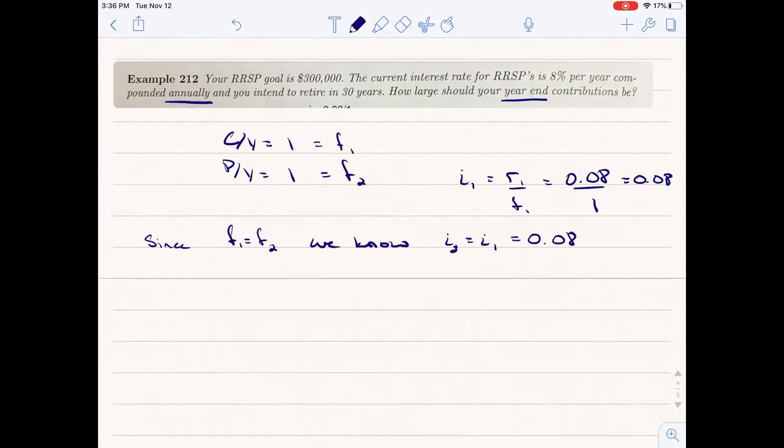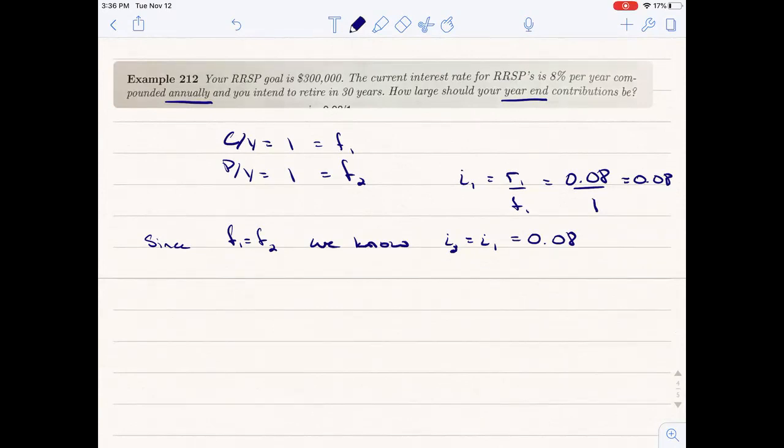So I'm not going to solve it again because it's going to end up being the same thing. So my I that I'm going to use is 0.08. Okay.